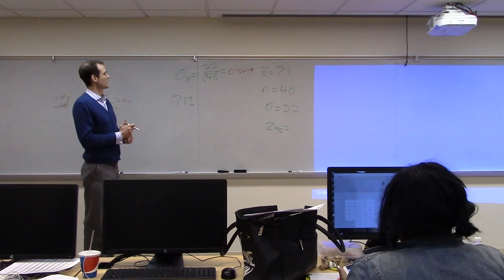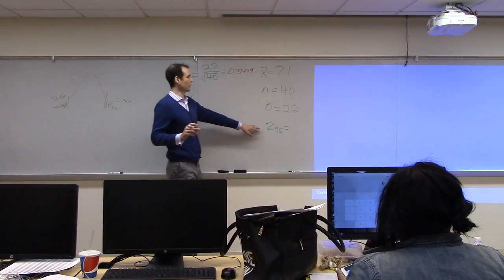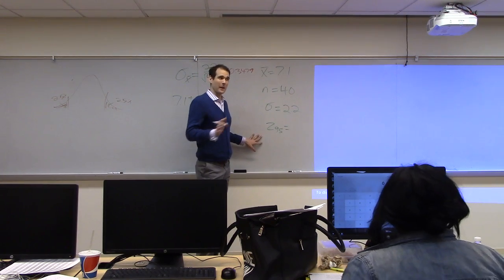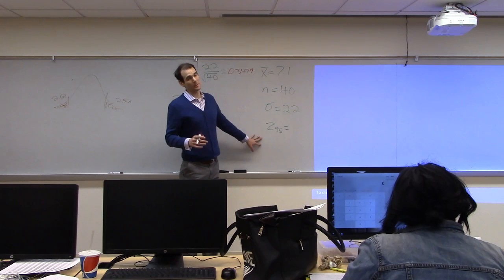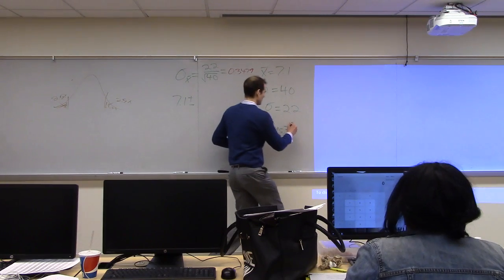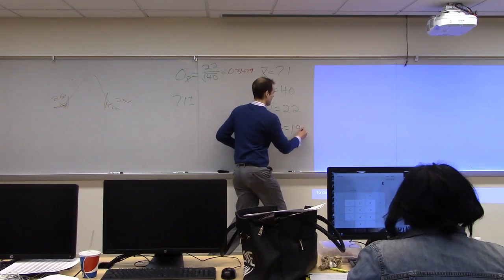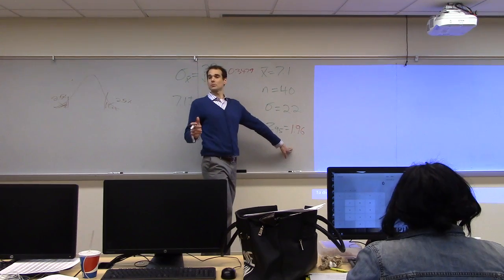Alright, so if we want to be 95% confident, how many standard errors are we going to need to go plus or minus? 1.96. Good, is everyone comfortable with that?